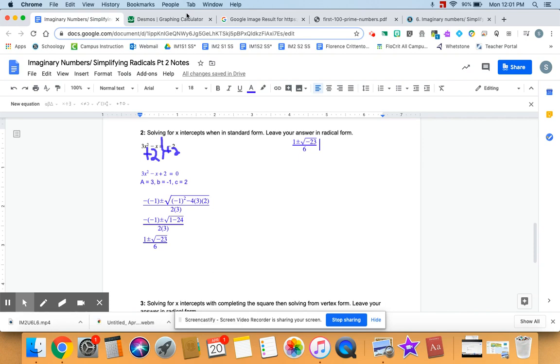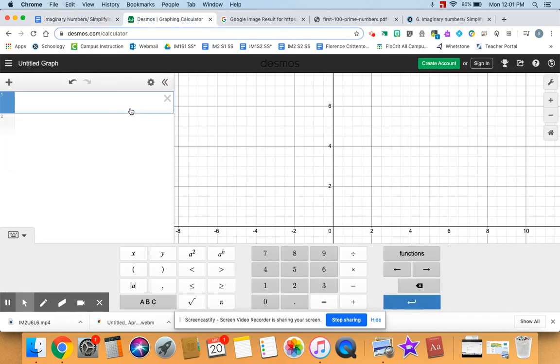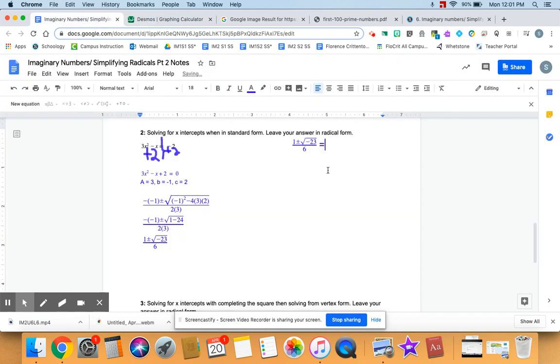So now I'm at a point where if this wasn't leave your answer in radical form, all I do is I'd go here and I'd do the square root of 23. And I'm doing positive, even though it's negative, which is 4.79. So then this would equal, and don't write this down because this is an if this wasn't here.